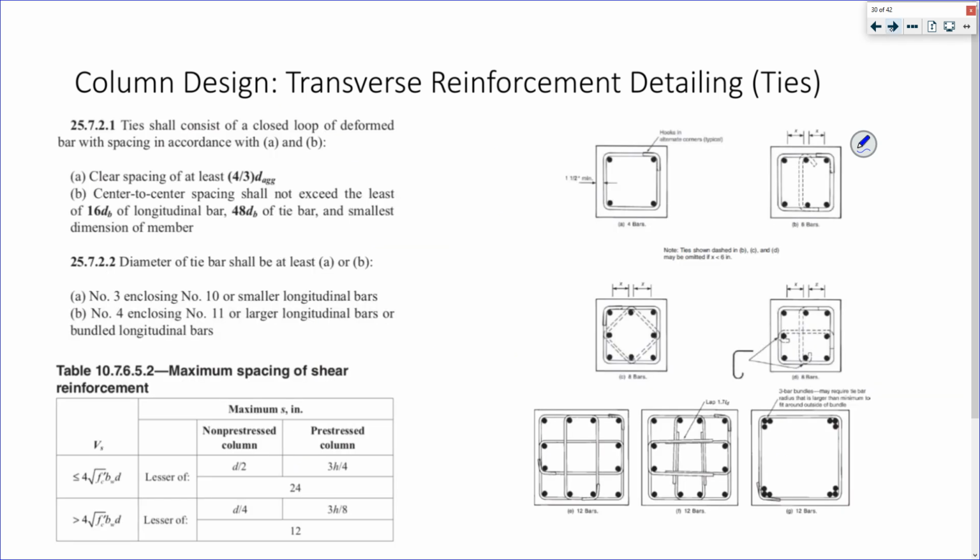So if we look at 25.7.2, this is our column reinforcement. The first part is about the spacing of ties: how close together they need to be, or how far apart they can be.